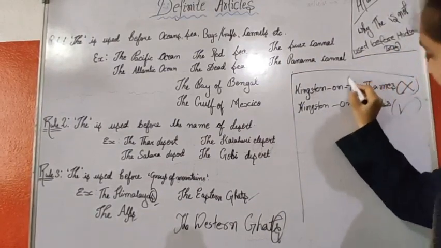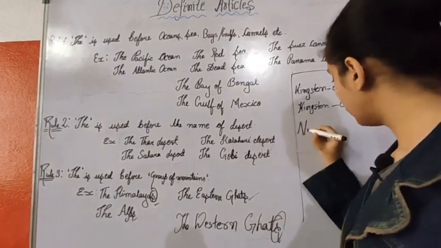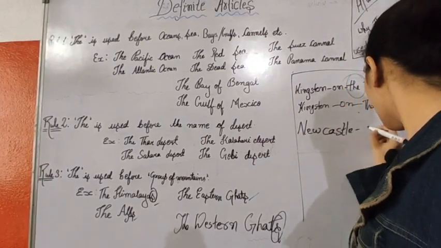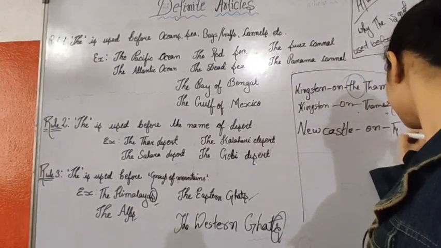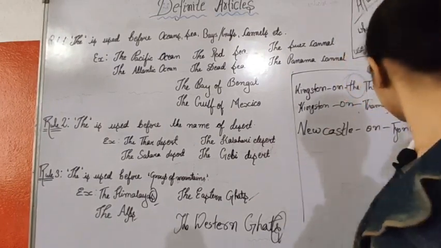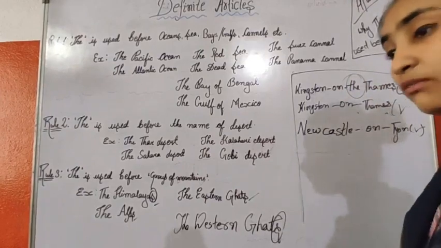You cannot apply "the" before that river. Take one more example, Newcastle on Tyne. You cannot say Newcastle on the Tyne. That will become wrong.